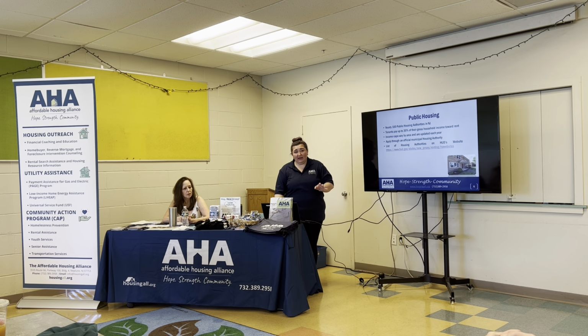Income caps vary by area and they're updated each year. All the income caps are based on the income that people are earning, so they update them. And you would apply through an official municipal housing authority. So if you look up HUD, Housing Authorities, New Jersey, it'll give you the site, or you can take a picture of it if you'd like. Or if you wanna come up after and write it down, I can go back to the slide.